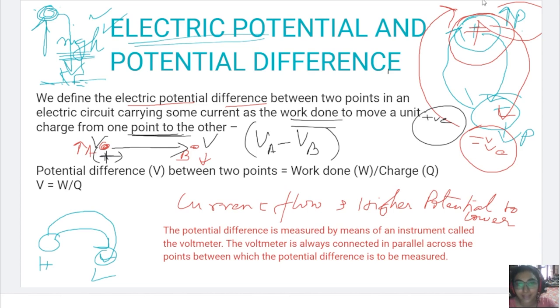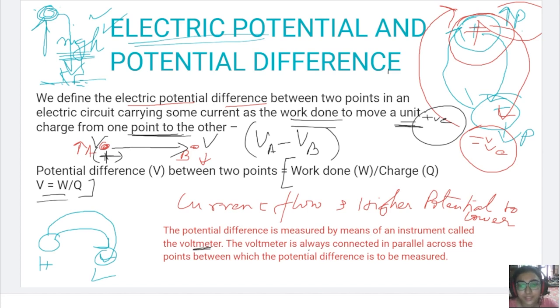That is the whole basis of the current. So when defining, we are saying that electrical potential difference is the work done to move a unit charge from one point to another. So this is the representation W by Q.